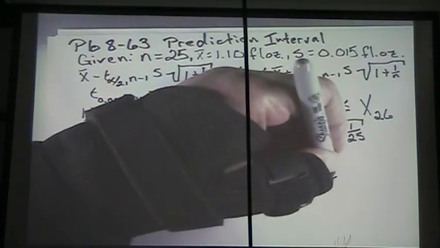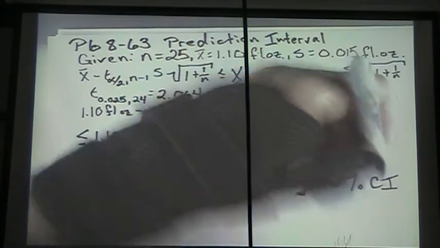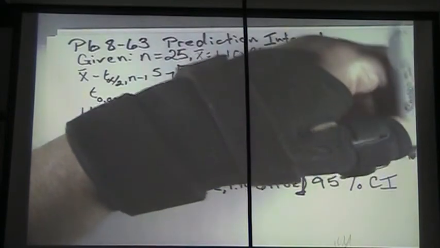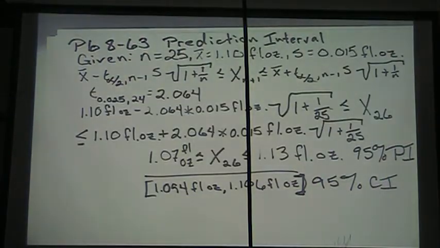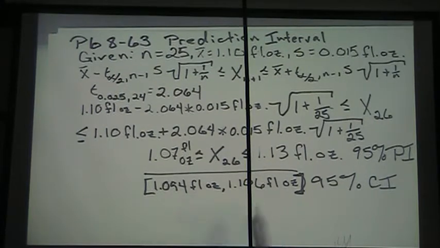All right, so that's the 95% confidence interval, whereas this is the 95% prediction interval. All right, so you can see, even though our prediction interval is pretty tight, it's still a bit larger than our confidence interval.